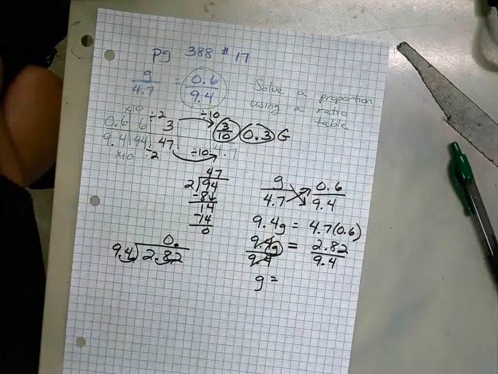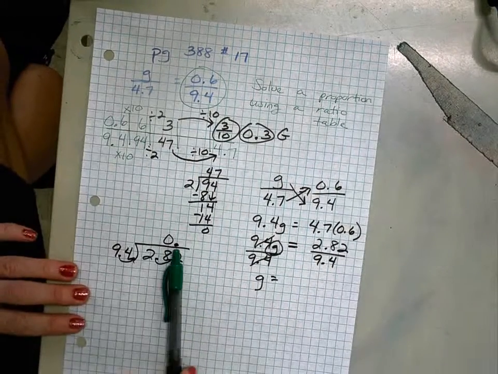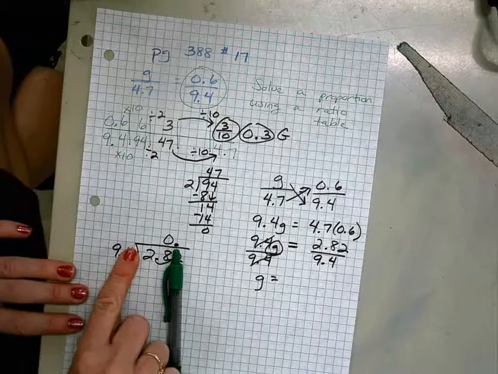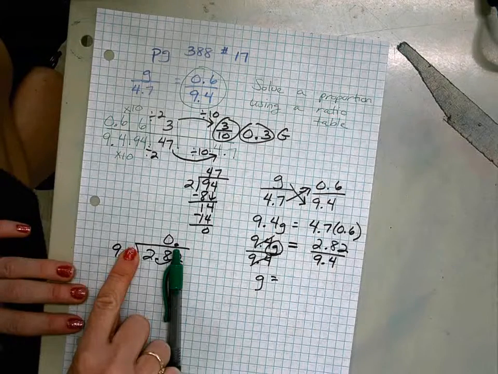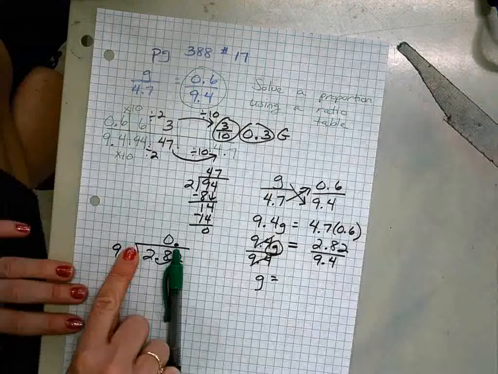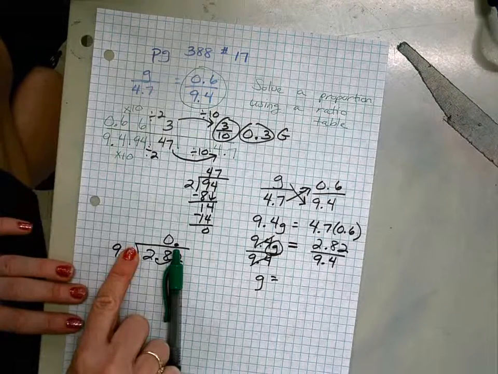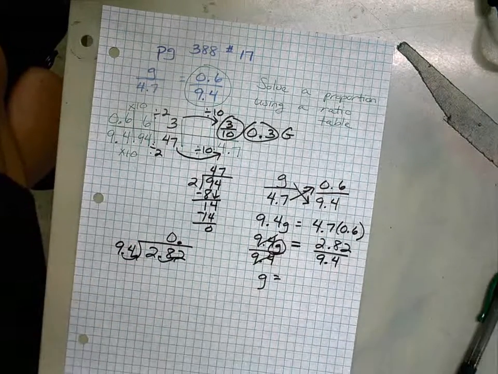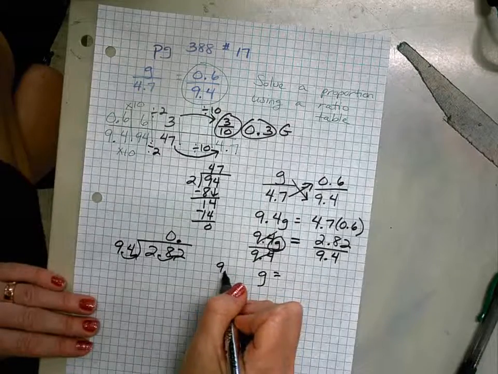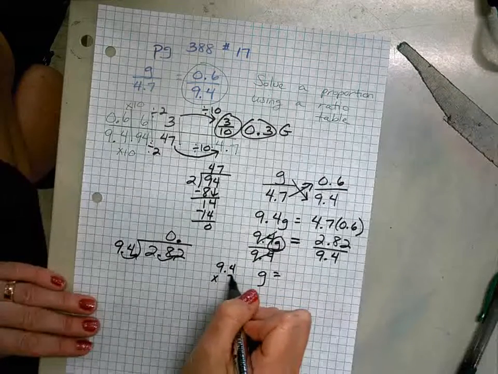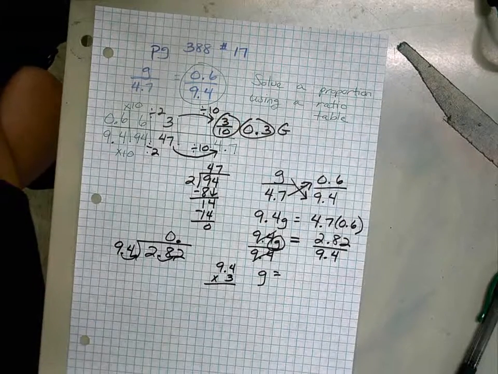I'm going to use something now called front-end estimation, which means I'm just going to look at the front of each number. 9 times what gets me close to 28? Well, 9 times 3 is 27. So I'm going to try 3. If I'm wrong, the nice thing about front-end estimation is I'm only going to be wrong by like 1 digit or so.